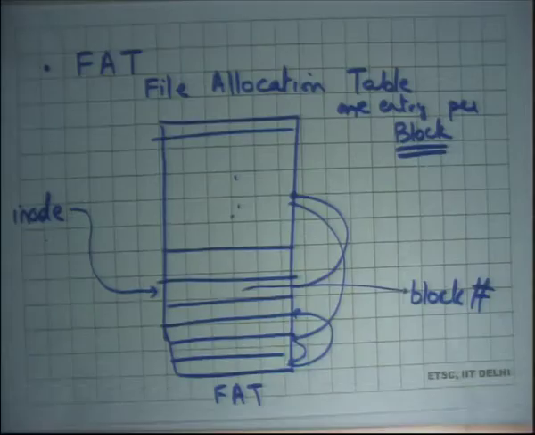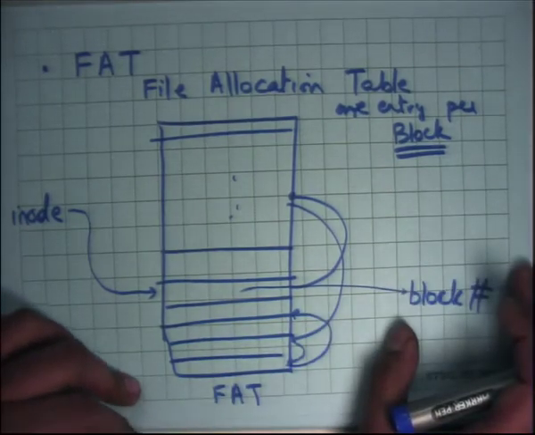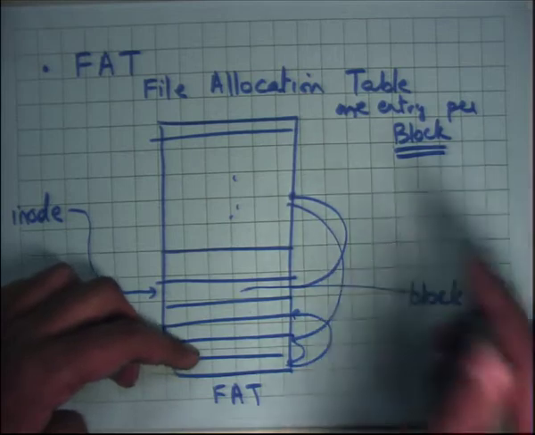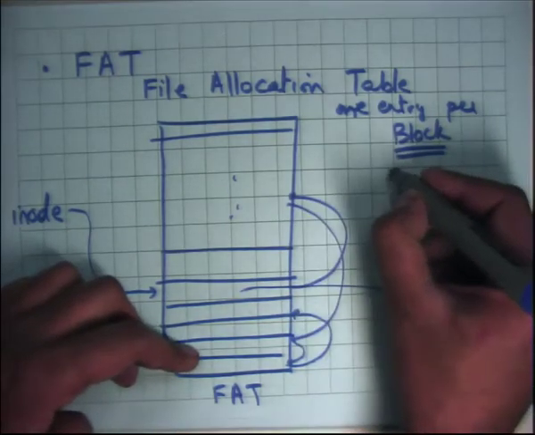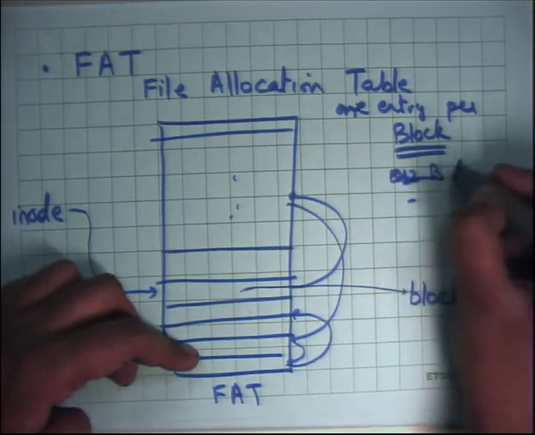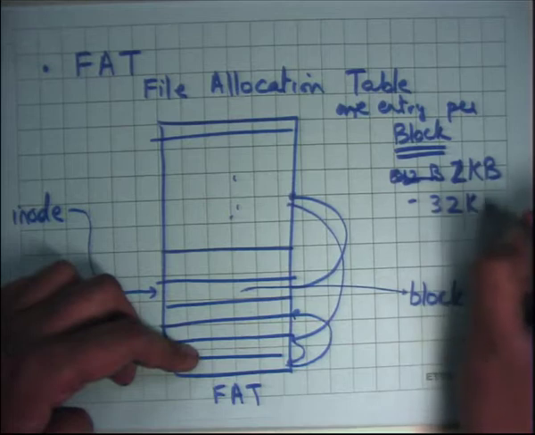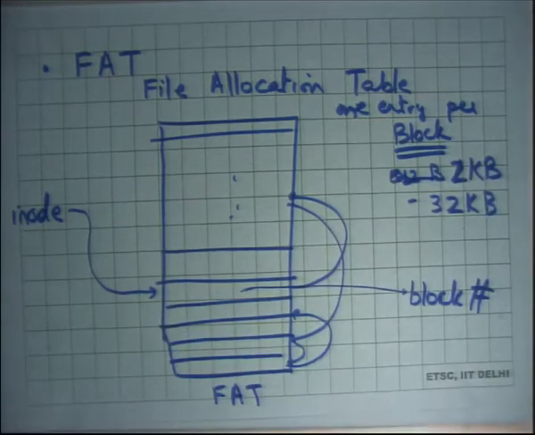The MS-DOS block size ranged between 512 bytes, or 2 kilobytes for the FAT32 system, to 32 kilobytes. So a block could be anywhere between 2 kilobytes and 32 kilobytes.